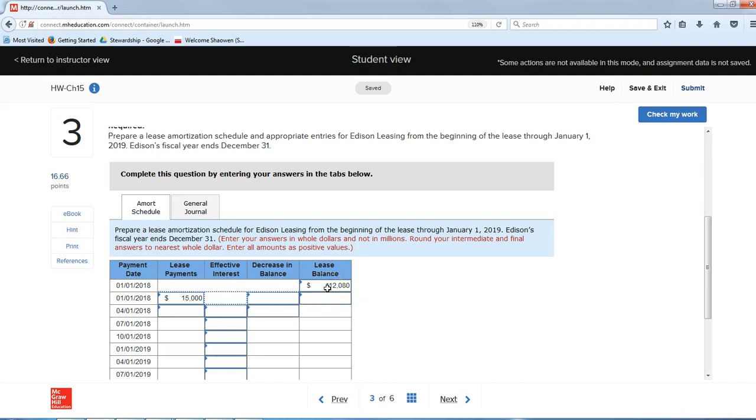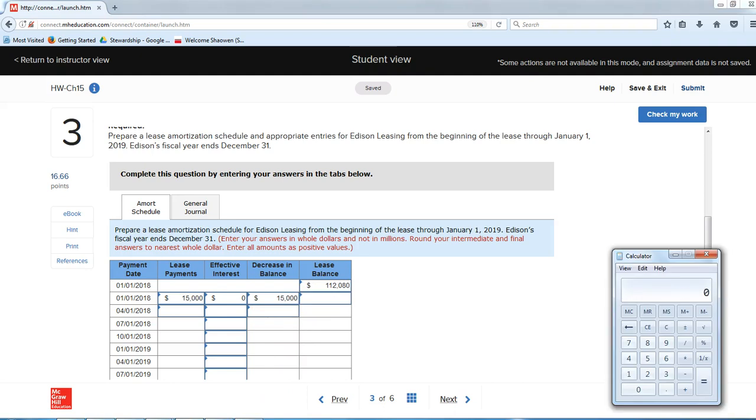One line is for the initial balance, another line is the cash received that will reduce the lease receivable balance. There is no interest accumulated because these 2 rows represent the same date. So the decreasing balance will be 15,000 minus 0, 15,000 still, and therefore your lease balance is decreased by $15,000.